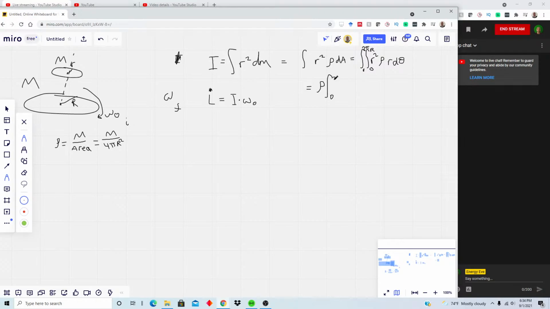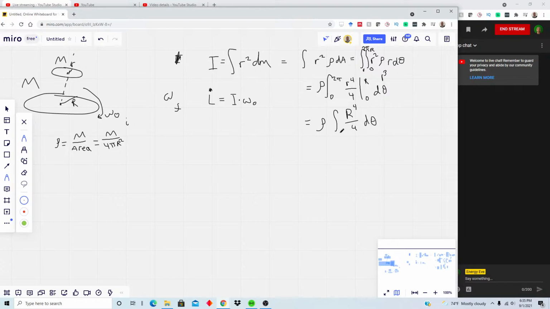I don't want to get ahead of ourselves, but we do eventually want to be able to calculate these things a bit faster. For this r part, we get r cubed, and the integral of r cubed is r to the 4th divided by 4. We evaluate from 0 to big R, and so we get big R to the 4th divided by 4.